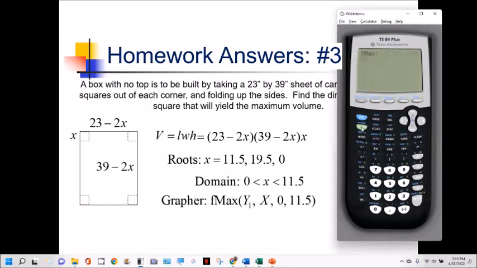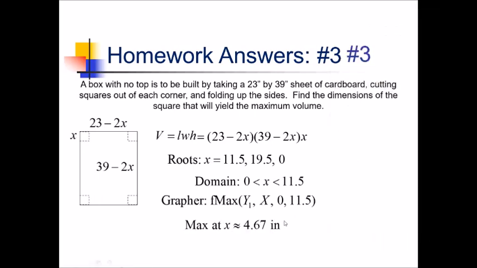And to get y1, I do alpha trace, and that pulls up a little menu, and I can select y1, press enter there. And now let me do comma x, comma 0, comma 11.5 for my domain that I'm plugging in. And this tells the calculator to look for the best value of x between 0 and 11.5, which is, if I press enter, about 4.67, and that's going to be in inches.